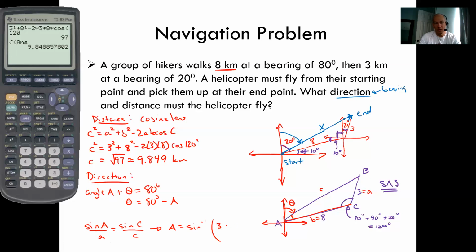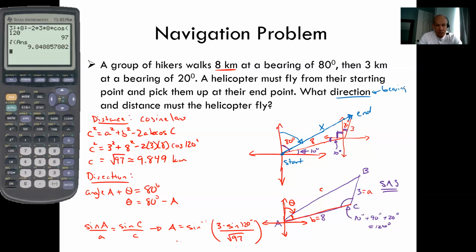So side A is 3 multiplied by sine of angle C, which is 120, and then it's divided by the side length of C, which is, you know what, it's probably better if I just write root 97, because that's going to give me a precise answer.